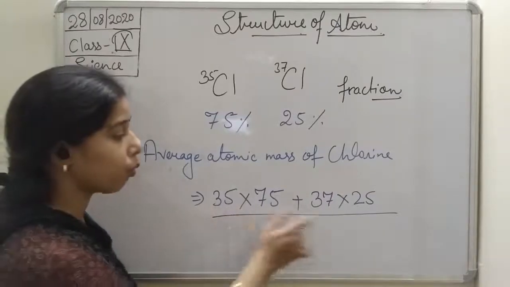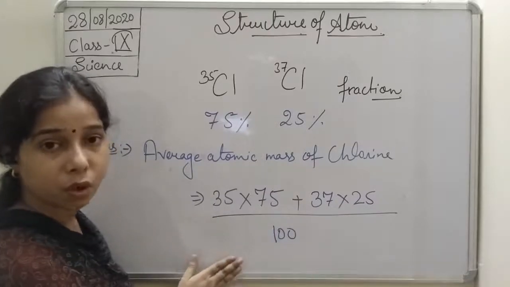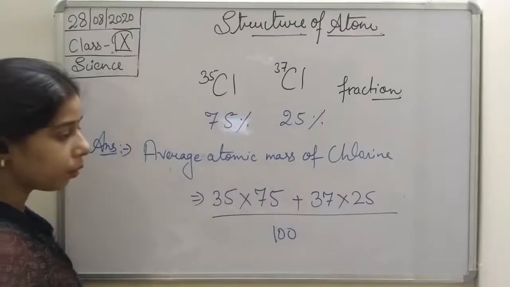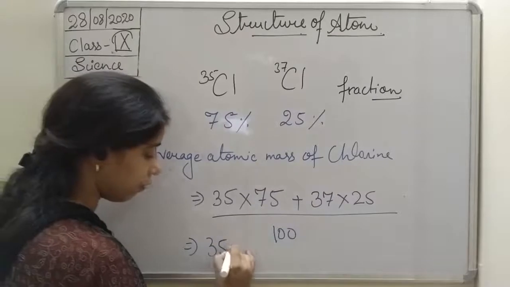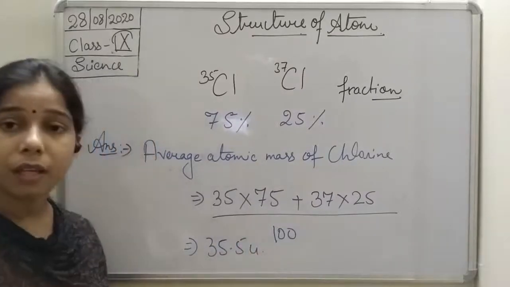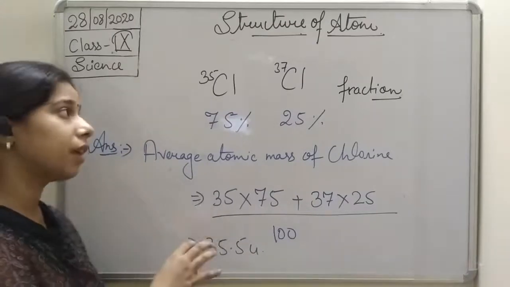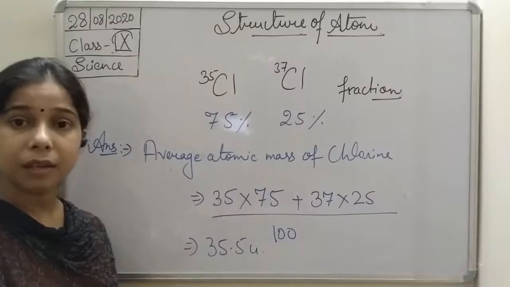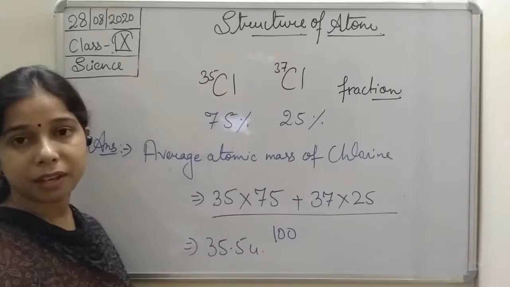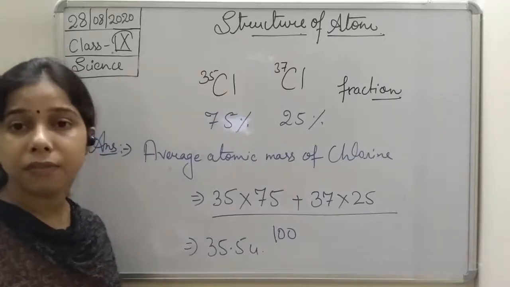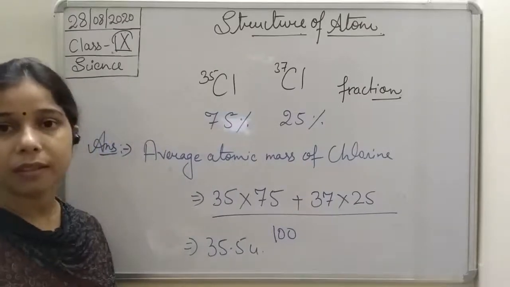So you can see here, students, we see what the percentage and the mass number of both of the isotopes are, and by multiplying and adding both of them, we get the average atomic mass. When you multiply and add, the answer you get is 35.5 u, and that is why in most books you will see chlorine written as 35.5, although we study that chlorine is 35 or chlorine is 37. This chlorine 35.5, don't get confused, it is the average atomic mass of chlorine 35 and chlorine 37.